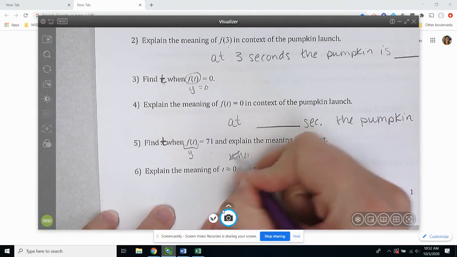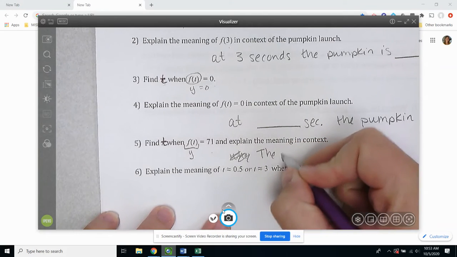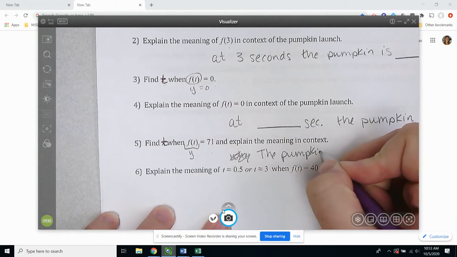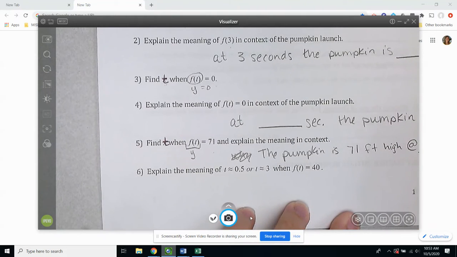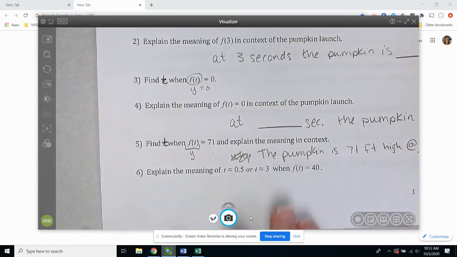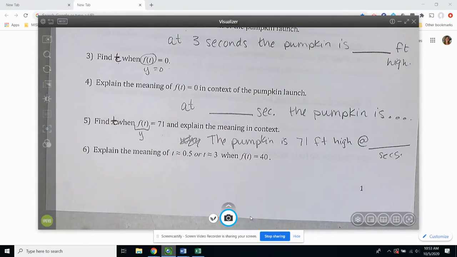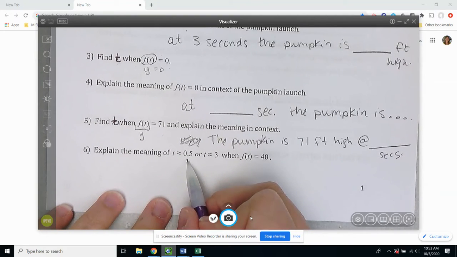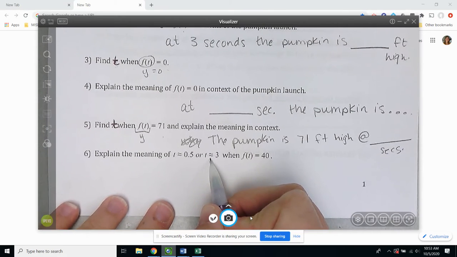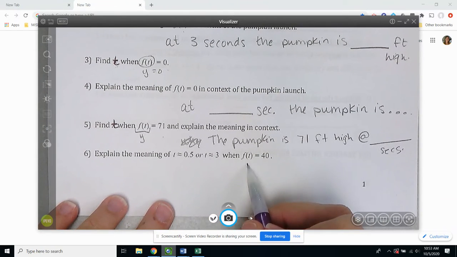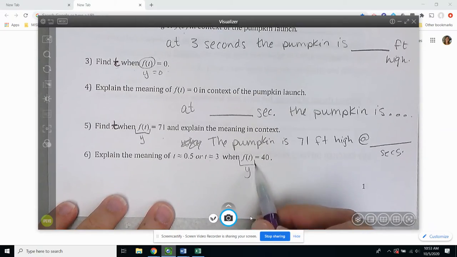So the pumpkin is 71 feet high at blank seconds. So you can fill that in. Okay, and then the last one says explain the meaning of t is about 0.5 or t is about 3. That's what this means. This just means about. It's not quite equal. When f of t is 40. So this is your y value.